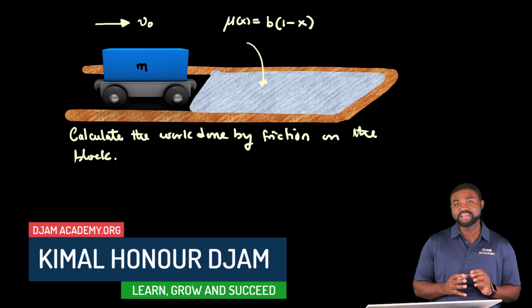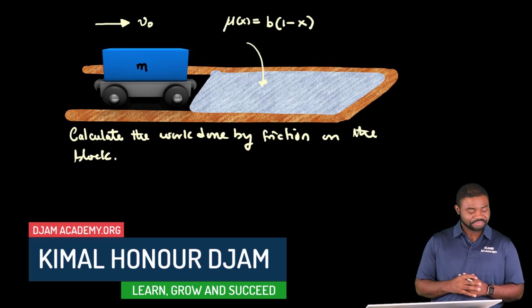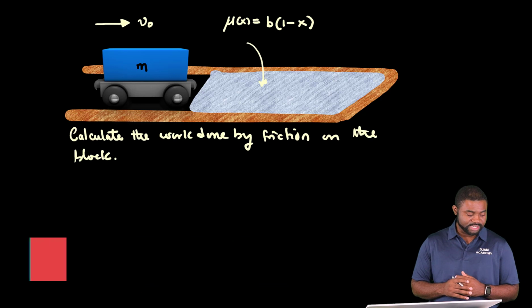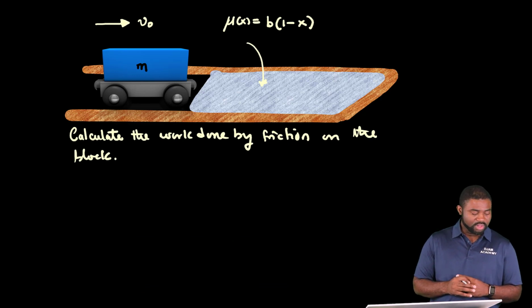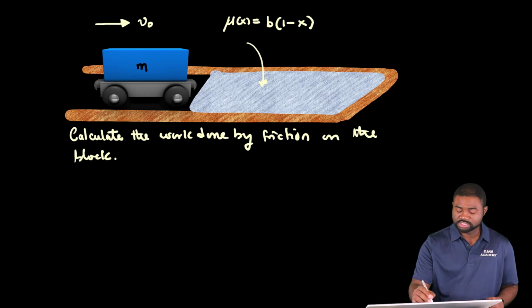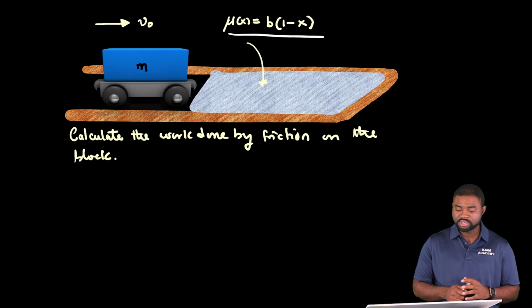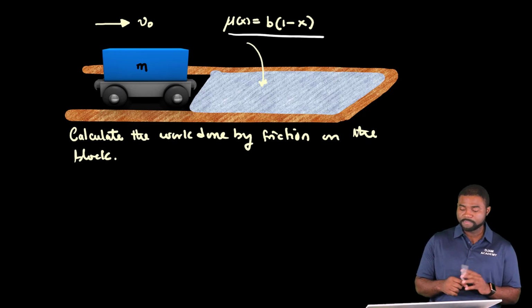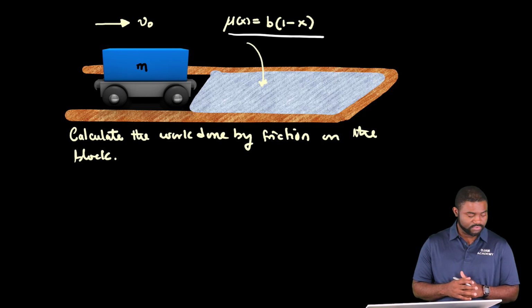Now in front of us we have a very interesting problem. A car of mass m is moving along a frictionless horizontal surface with a speed v0 when it encounters a rough patch of the surface whose coefficient of kinetic friction varies with position x in accordance with the relation given by mu = b(1 - x).